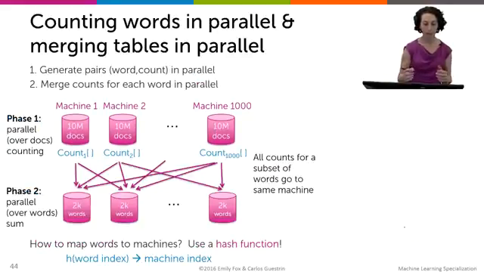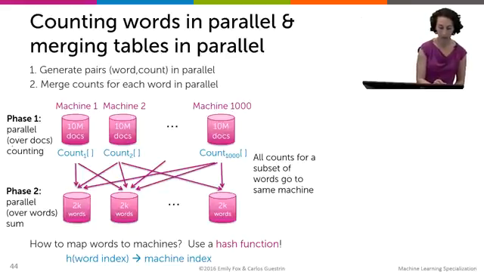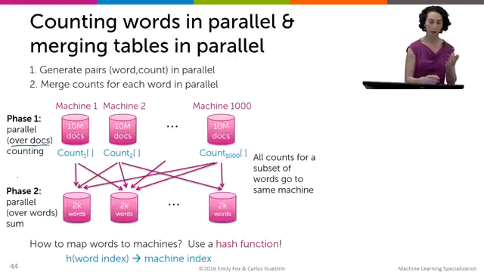Well, let's imagine that we have a whole bunch of machines available for this word counting and a whole bunch of words available when we're going to merge these hash tables and form our counts of all words in the vocabulary. Okay, so what we can do is divide this into two different phases. One phase is an operation that's parallel over documents, which is counting the words that appear in each one of these documents.